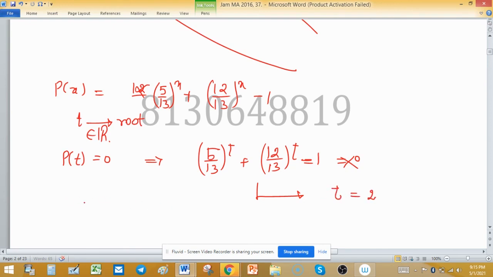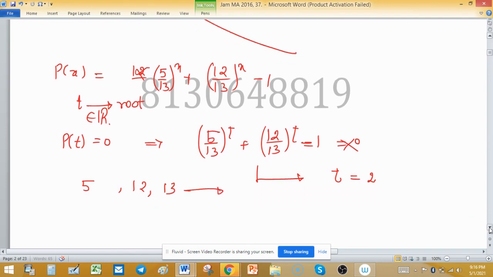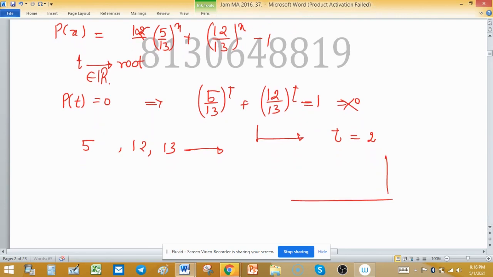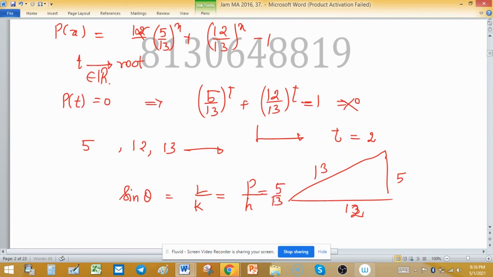Why? Because 5, 12 and 13 are a Pythagorean triplet. We know that these are a Pythagorean triplet. So consider this side as 5, the hypotenuse 13, and this side 12. So sin theta is P upon hypotenuse, where P is 5 and the hypotenuse is 13.